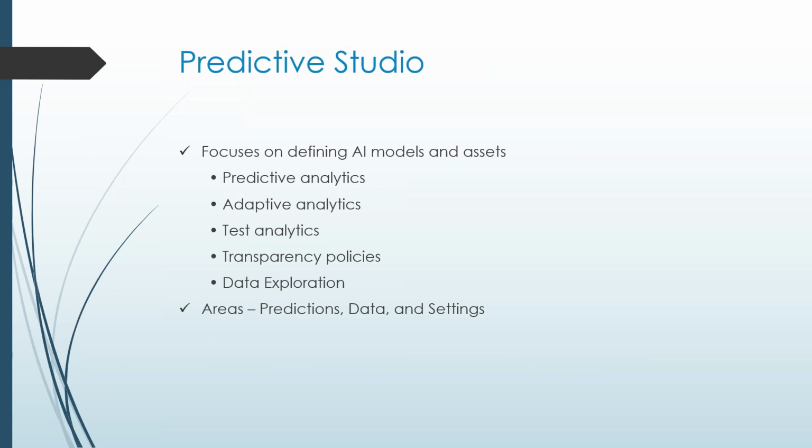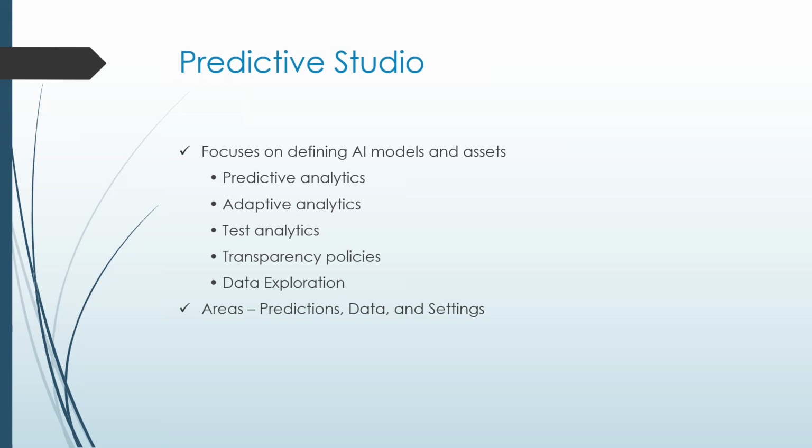Then we have Predictive Studio, which focuses on the AI aspects of your application, where you can develop different machine learning models depending upon predictive analytics, adaptive analytics, and data related to customer interaction history and so on.